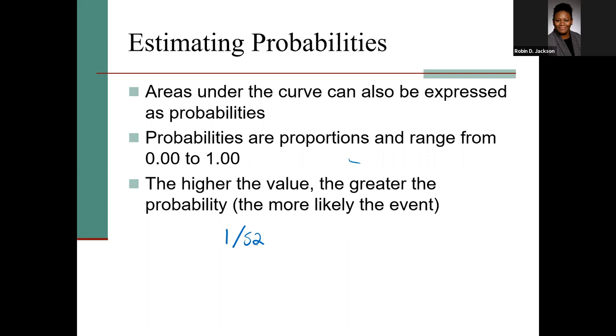Now we could leave this as a fraction, but since we work more with proportions, what we'll do is convert the fraction to a proportion by dividing the numerator, which is 1, by the denominator, which is 52. And we get 0.0192. That's how we would express that in terms of probabilities.